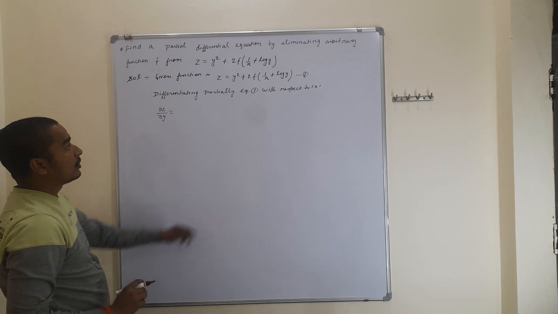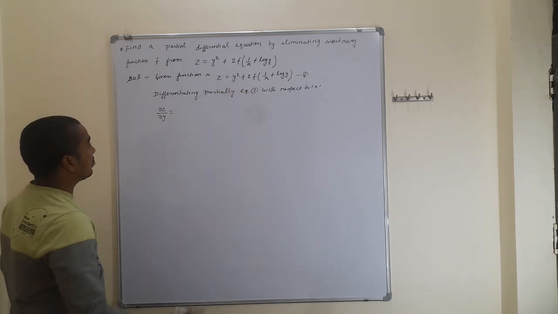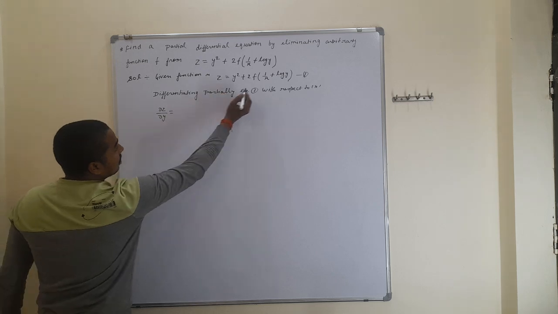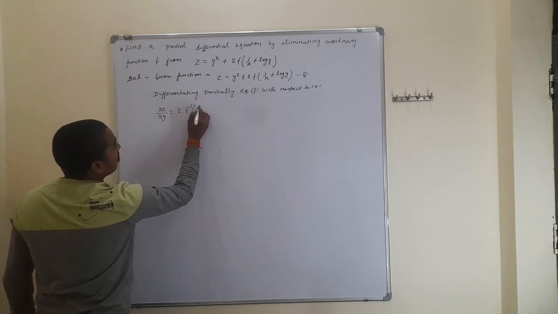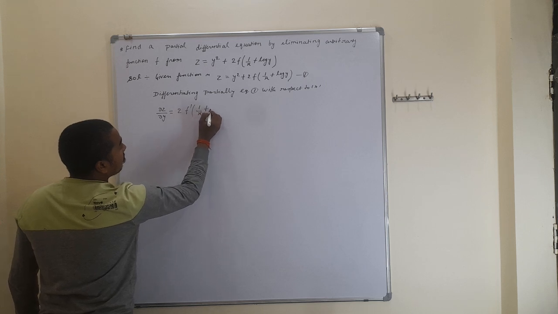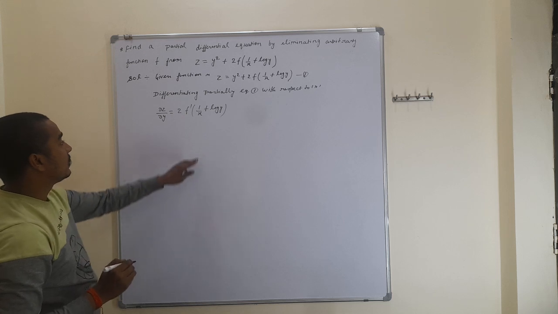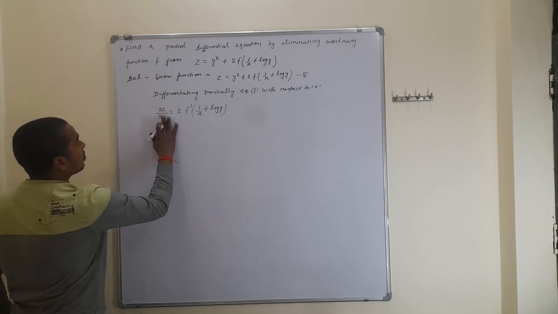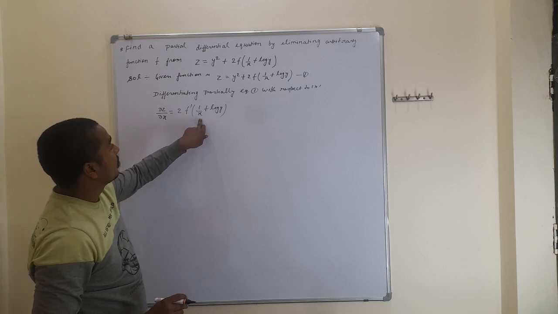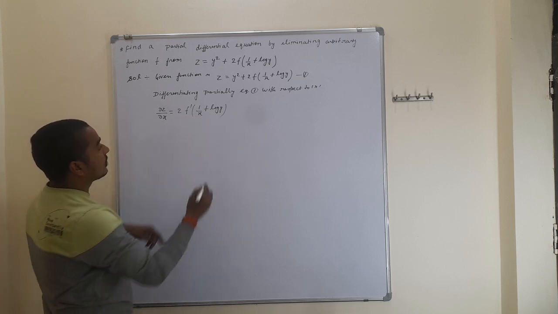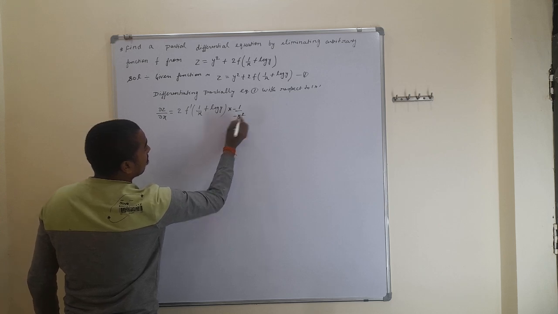When differentiating partially with respect to x, treating y as a constant, y² becomes 0, and we get 2f'(1/x + log y) times the differentiation of 1/x with respect to x, that is minus of x².